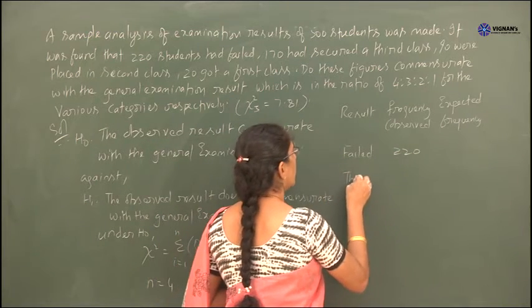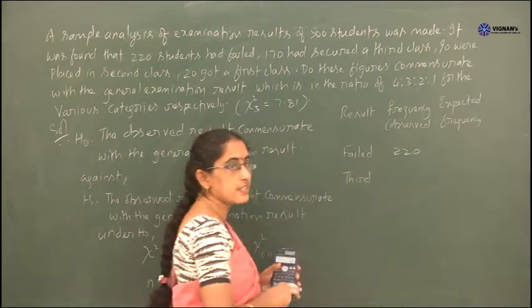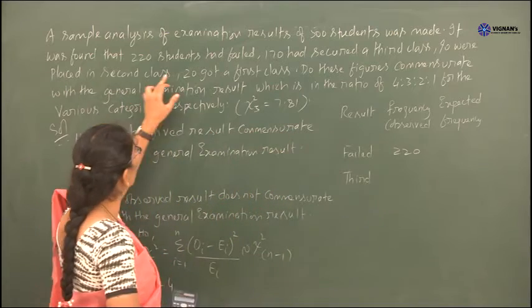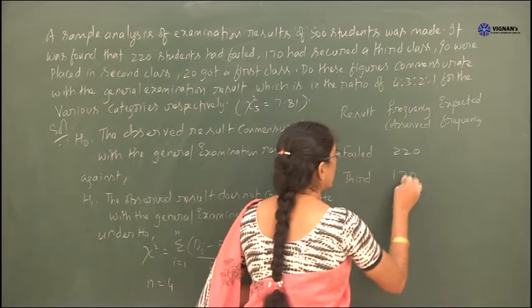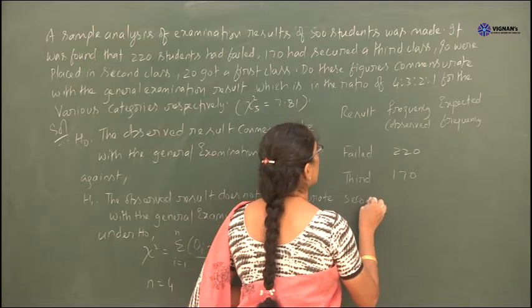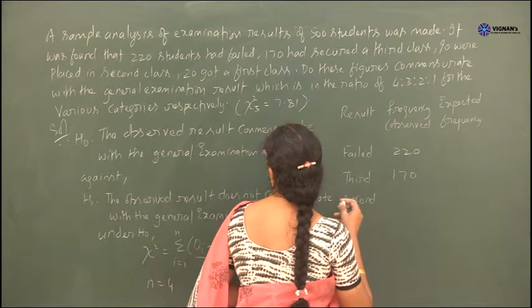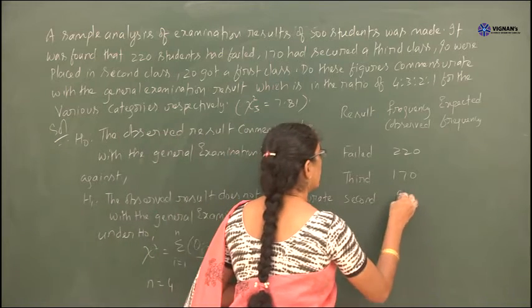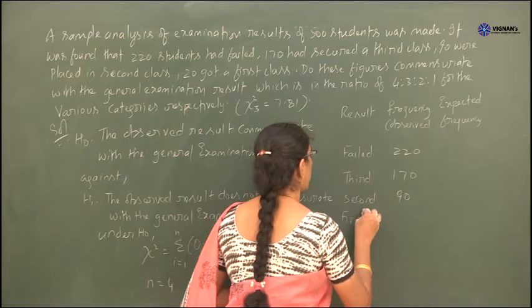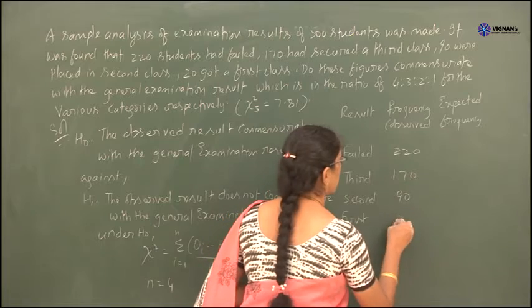Then next the result is categorized into third class. How many third class we have here? 170 secured a third class. Then second class, we have 90 placed in second class. Then first class, of course very few, that is 20.